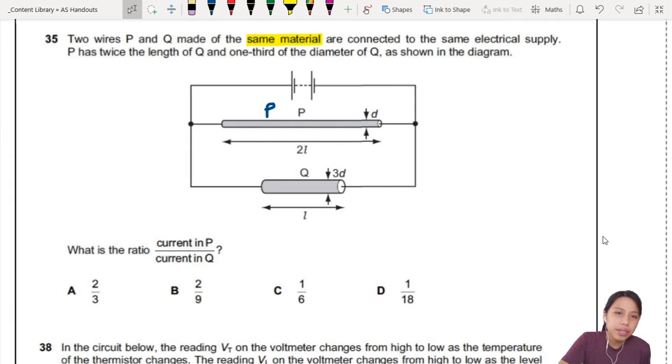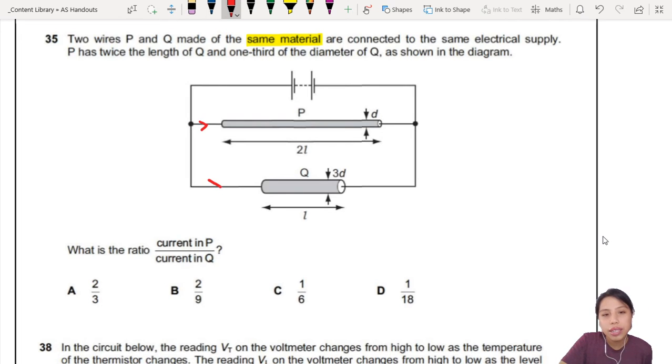So the ratio depends on their resistance, right? Resistance 1, resistance 2, I don't know what that is, but the current will divide accordingly. Here we'll have some different current, here we'll have some different current. Just by looking at the picture alone, which one do you think will have more current? You see the short, fat one? This one will have more current flowing through it because the resistance is likely smaller here.